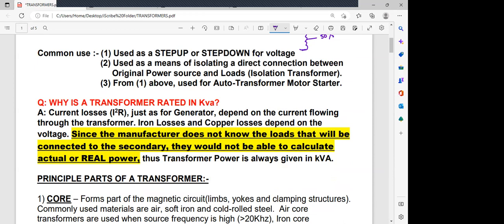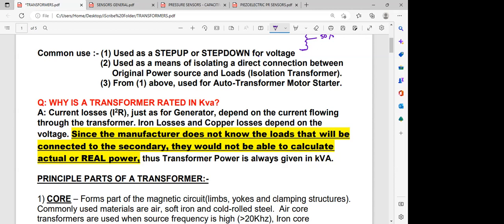Now, if you remember when we did the power generation topic, we said that the generators are rated in kVA, apparent power. It's not true power. Why? At that time also, I had mentioned that the transformers are also rated in kVA, again apparent power.